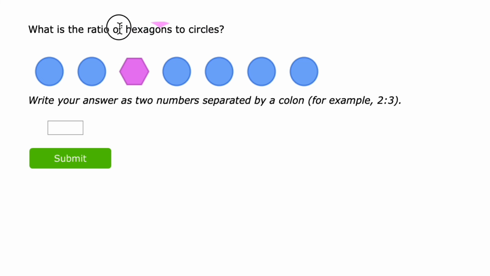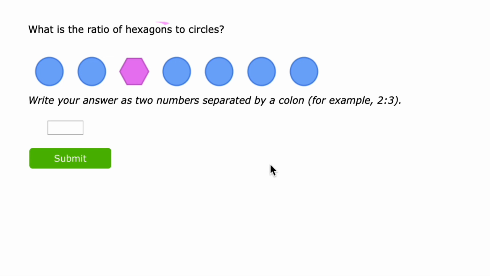But why are these the main words? Because we want to focus on hexagons to circles, not circles to hexagons.